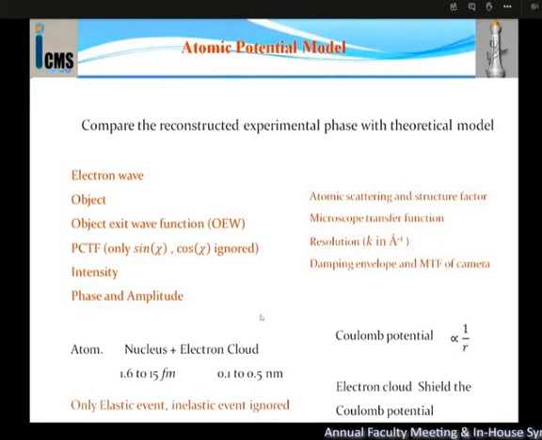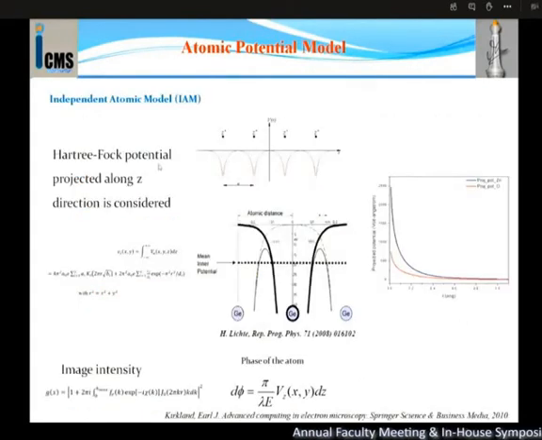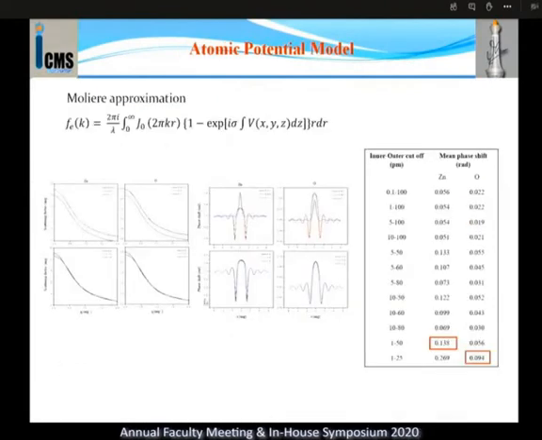I'll not go through the details, but we followed the Hartree-Fock potential, calculated intensity using this particular equation from a certain source, calculated the projected potential using Hartree-Fock as mentioned, and then calculated phase by this equation. We also took care of the inner bound and outer bound of the potential, because the potential is an asymptotic function. We found that beyond a certain inner bound and outer bound, the atomic scattering factor, intensity and phase do not change significantly.